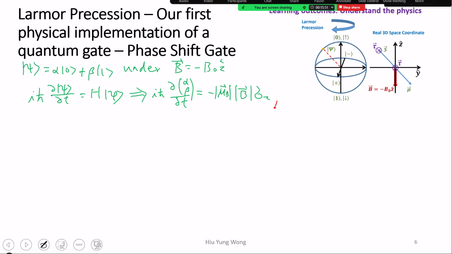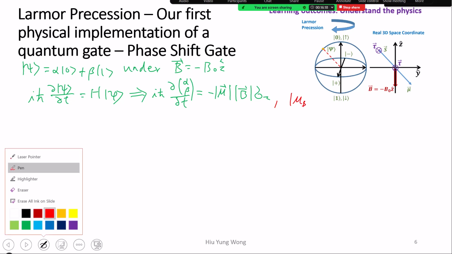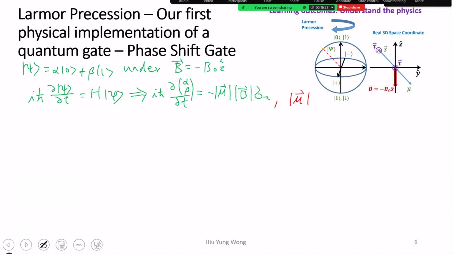So here, let me just digress a little bit. What is mu? Again, mu is the magnetic moment of the electron. Actually, why do I call it mu B? I should just call it mu, sorry. This is just the magnetic moment. But this is the electron, so its magnitude equals what? What do we call the magnetic moment of an electron?